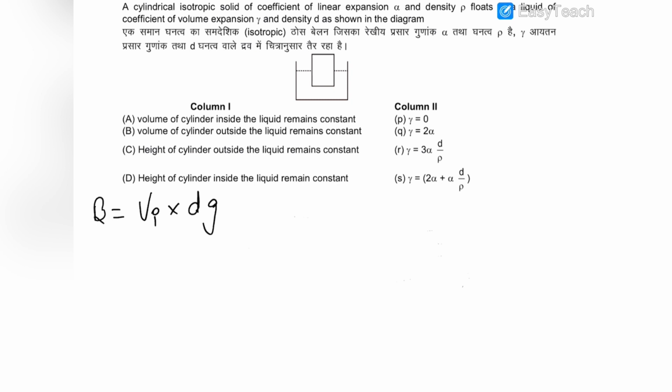In this case, if this volume remains constant, and obviously this cylinder is floating, then buoyancy will be equal to mg, and mg is constant with the temperature. So I can say that d of Vi into D, cancelling g with g, plus d of D into Vi is equal to 0.